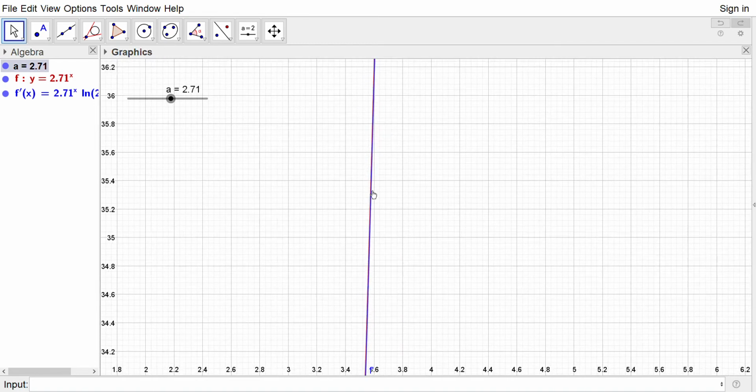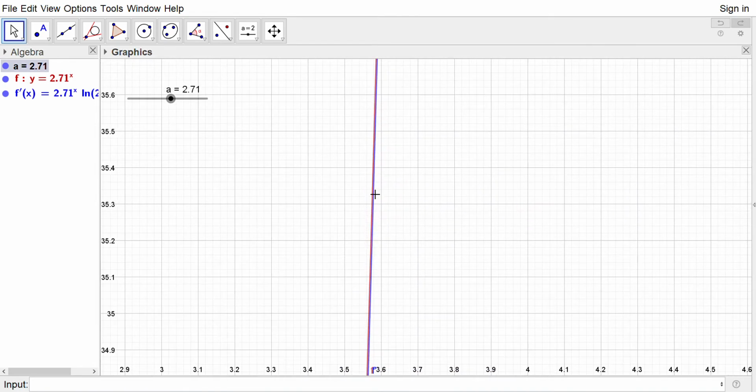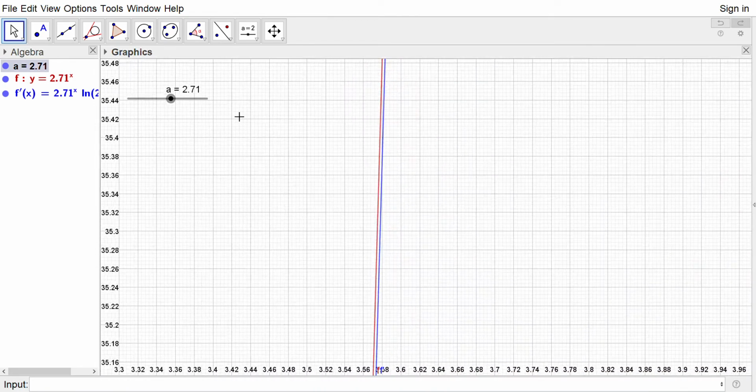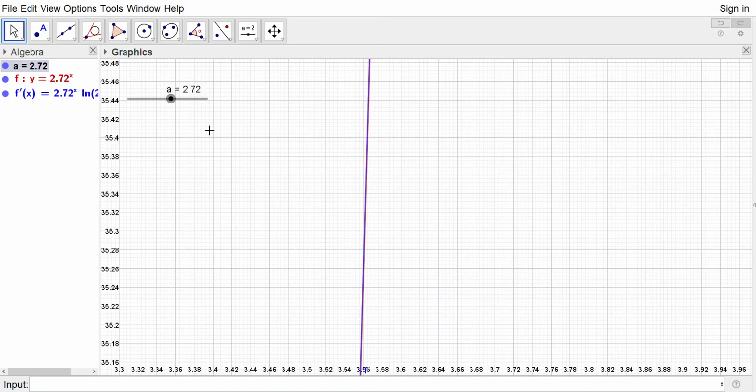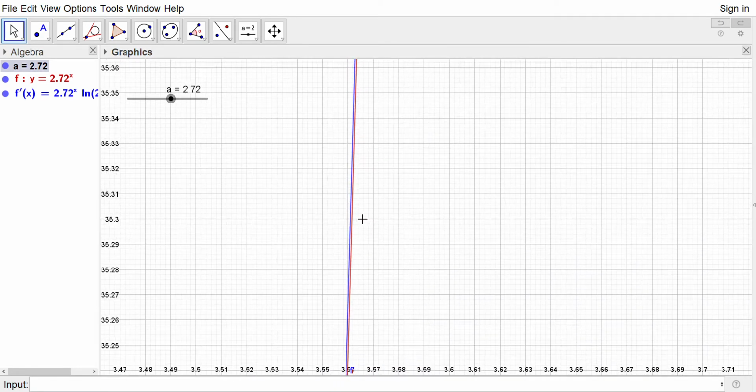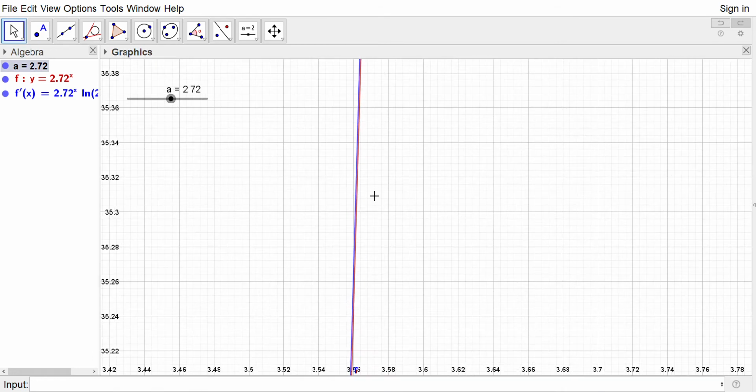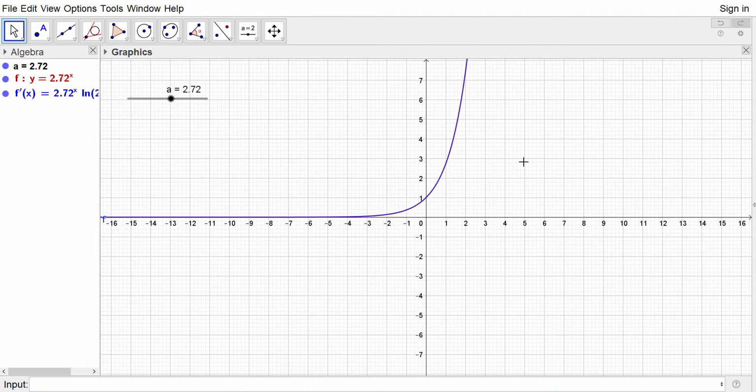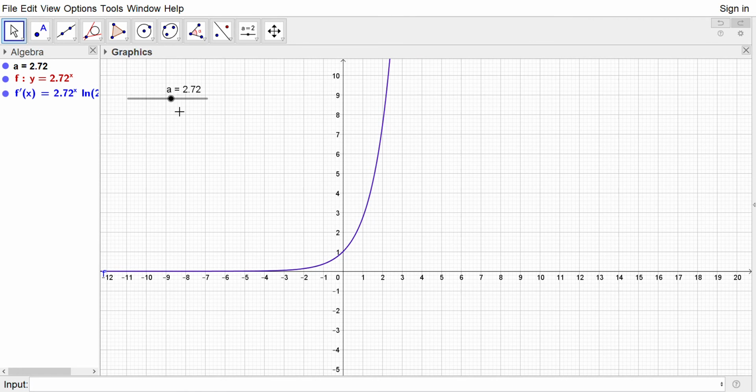And we can see that if I zoom in, I'm very, very close now. I really need to zoom in a long way to start seeing some daylight. But then if I increase it one more bit, it flips the other way. So if we just reset our axes, there we go. Somewhere around here it appears that the gradient function is exactly equal to the original function.